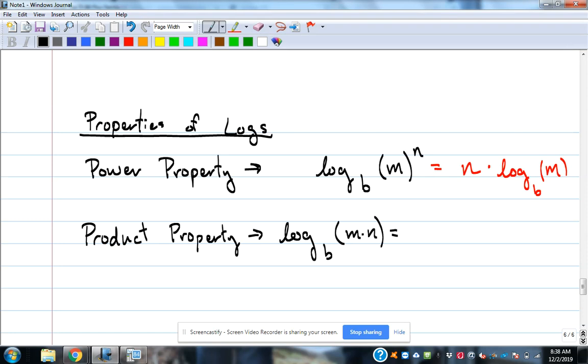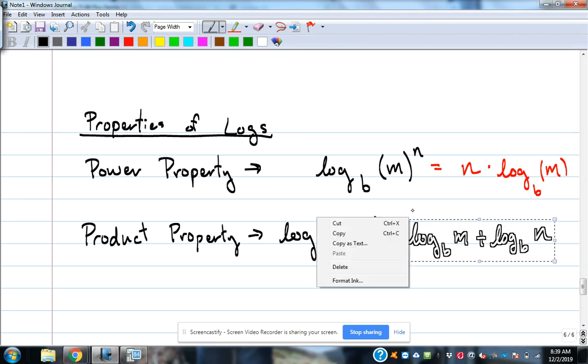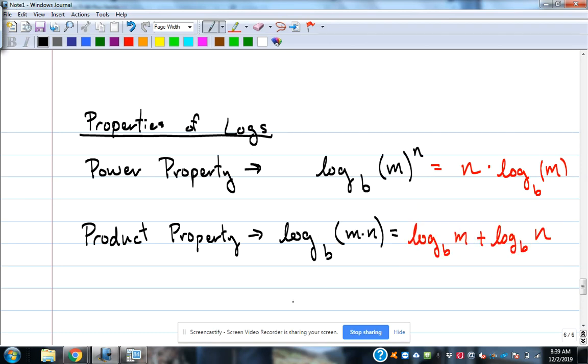So you can take this problem and split it apart from multiplication into addition. Log base b of m plus log base b of n. That's what the product property does. Multiplication turns into addition.